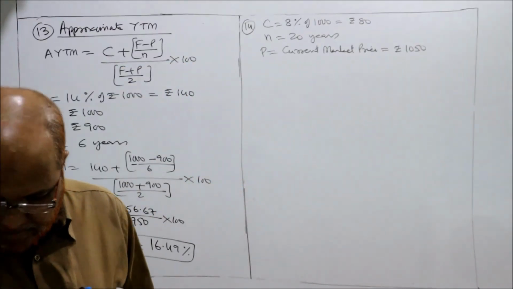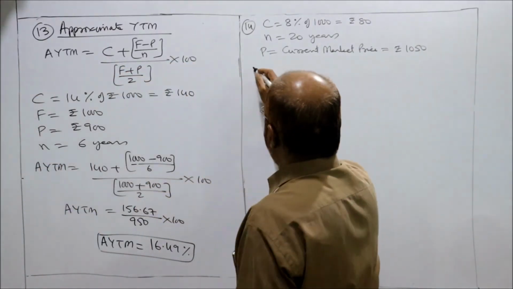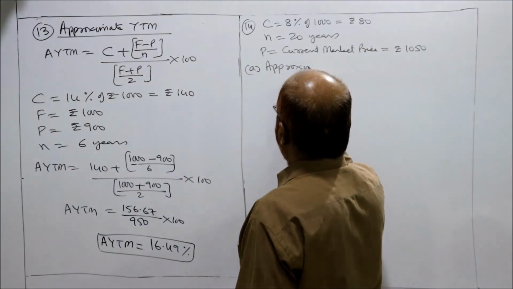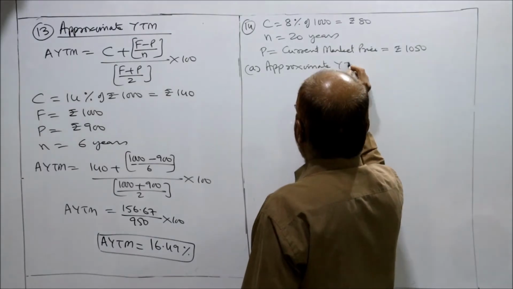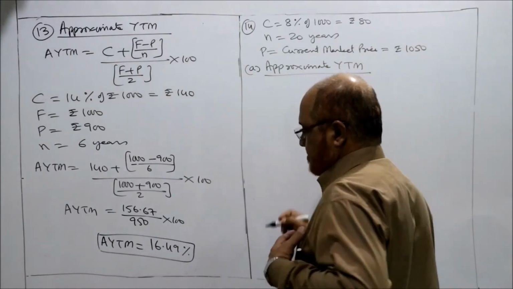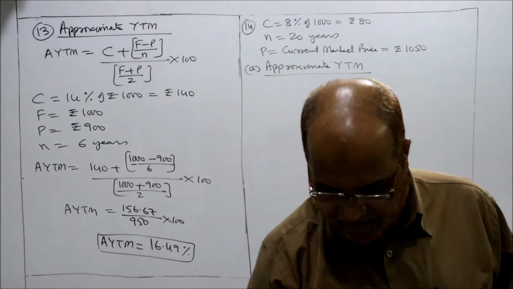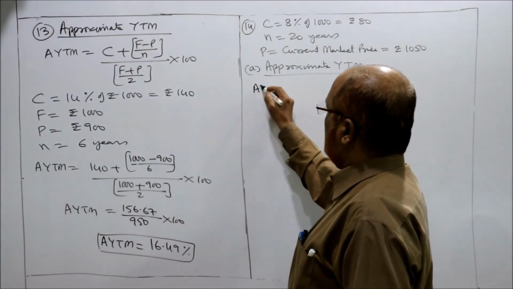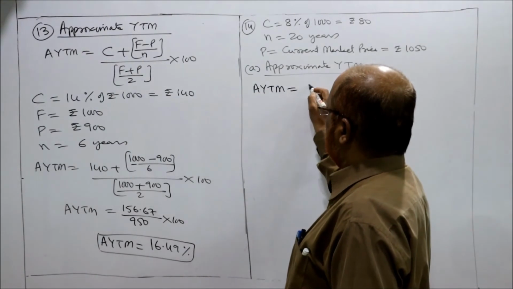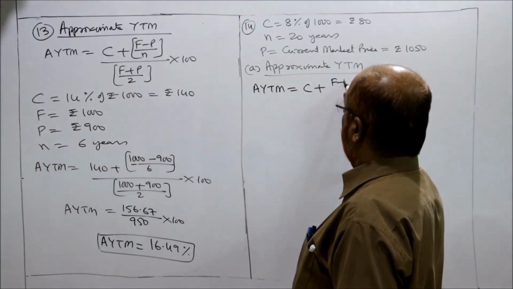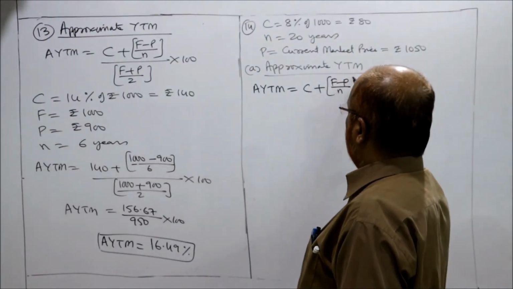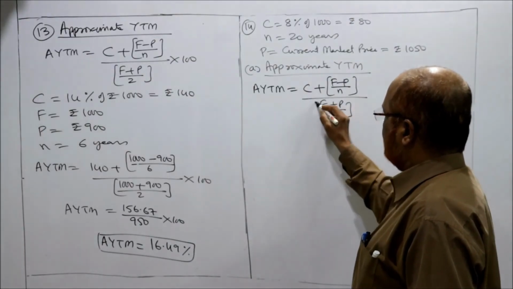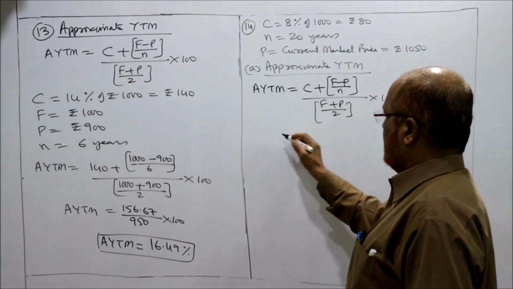So first of all, we calculate AYTM. AYTM is equal to C plus F minus P by N divided by F plus P by 2, into 100.